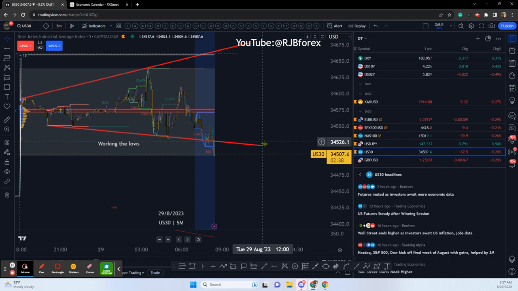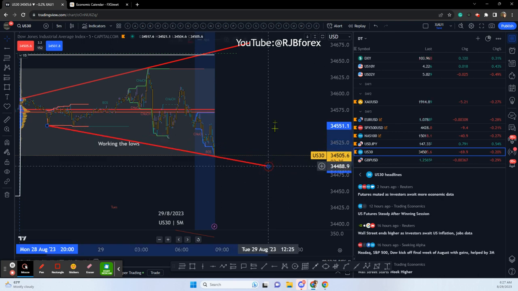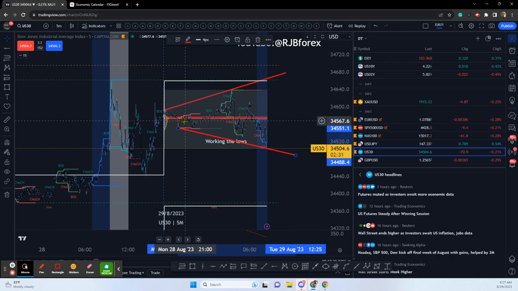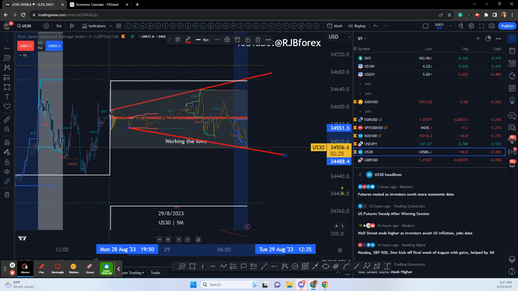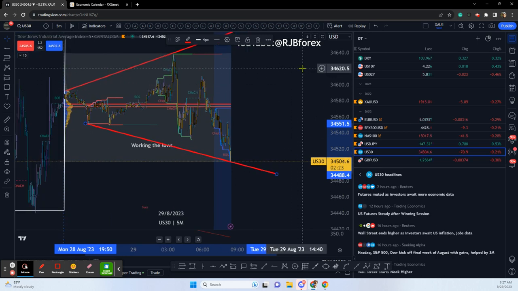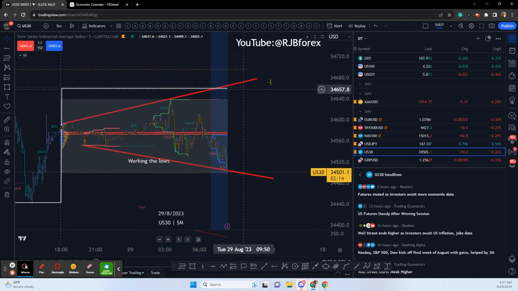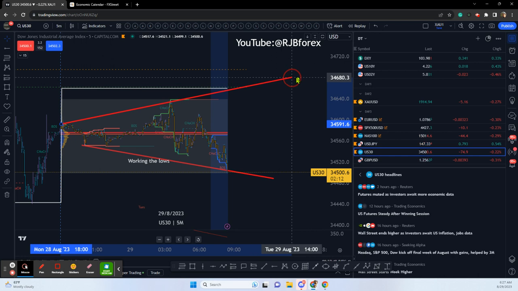US 30 working the lows. So this is a broadening formation. The market is broadening. So this could be the dump before the pump, back up into shorts, targeting the broadening formations, resistance up high.